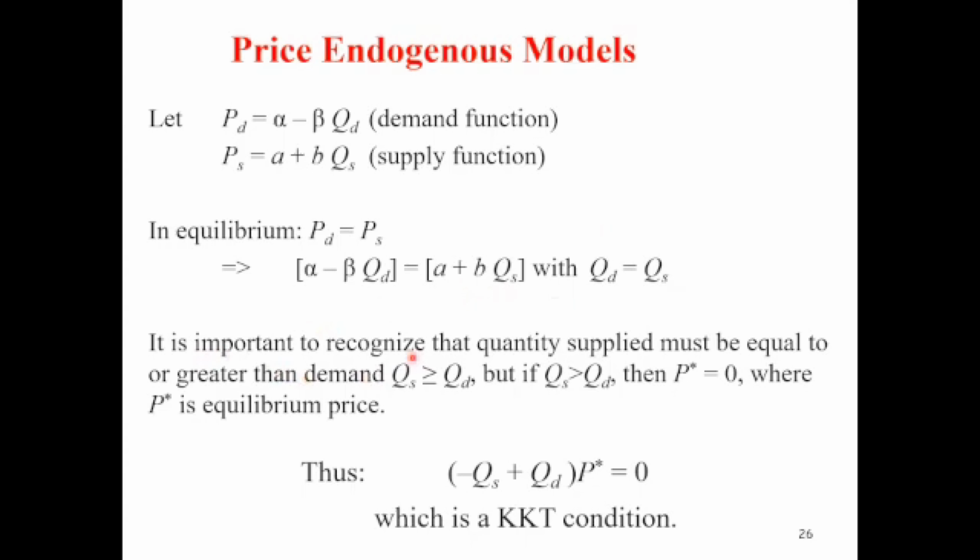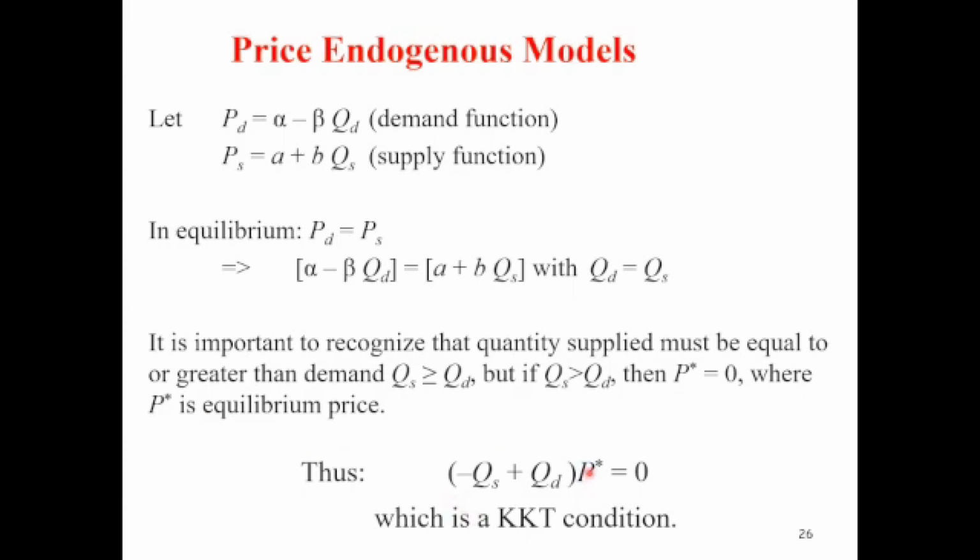It's important to recognize that quantity supplied must be equal to or greater than demand. So supply must always be greater than or equal to demand, but if quantity supplied is greater than quantity demanded, then the price is equal to 0. At least the shadow price is equal to 0, where the shadow price P star is an equilibrium price.